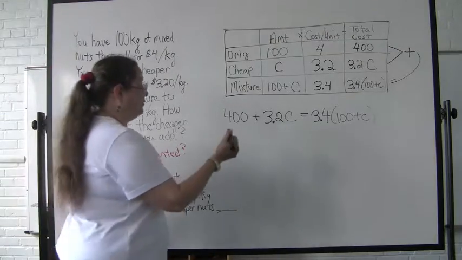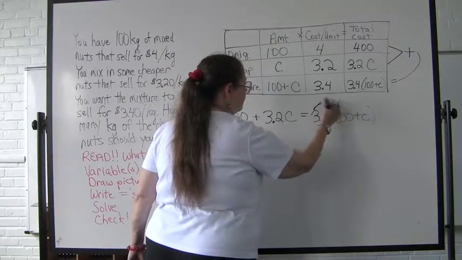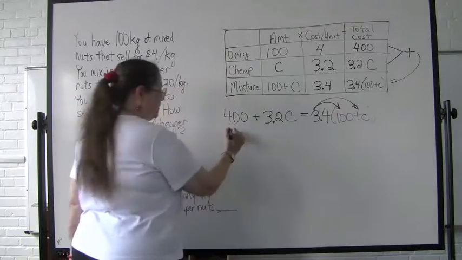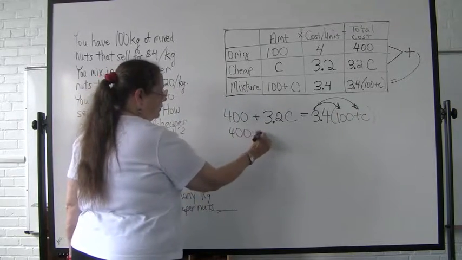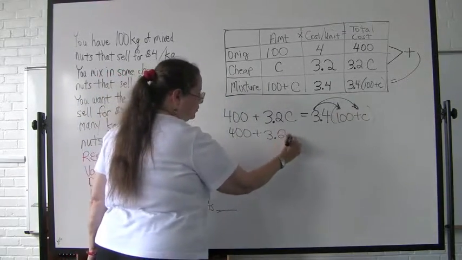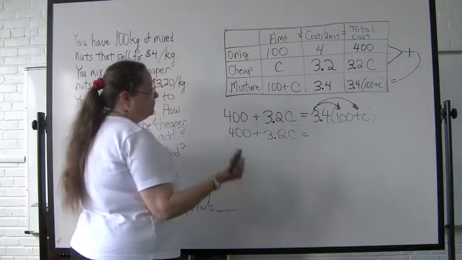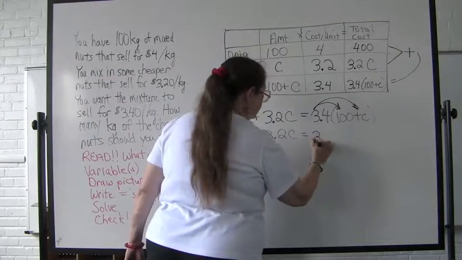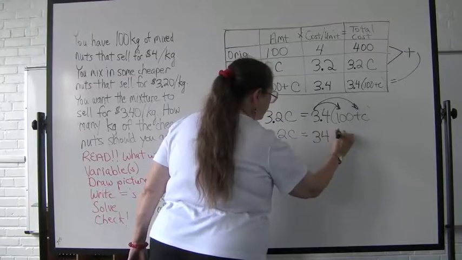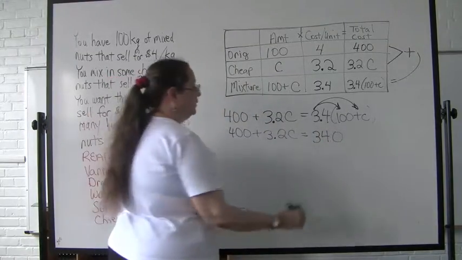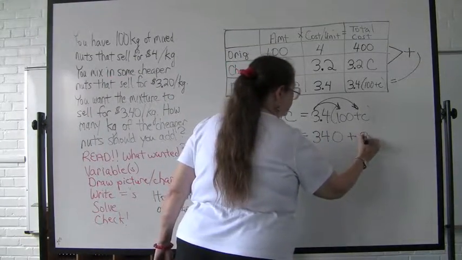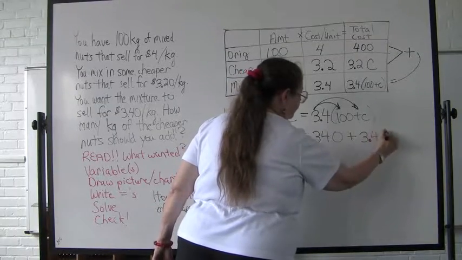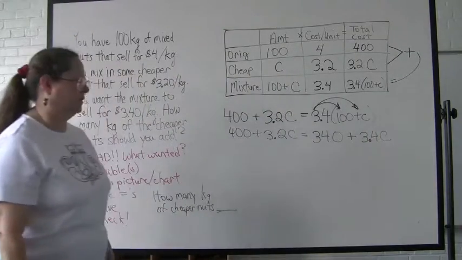Okay, now we have to distribute over here. And we end up with 400 plus 3.2C equals 340, all right, plus 3.4C.